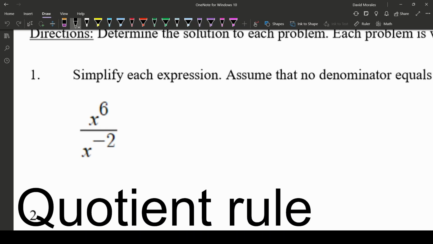So the quotient rule states, hey, if I have two things that are dividing, I'm going to subtract them. Just going to write this over here real quick.